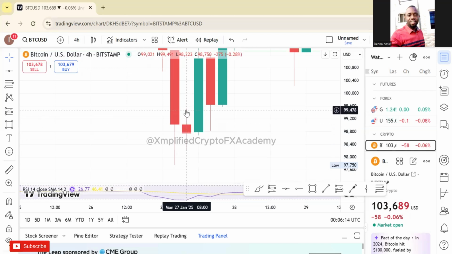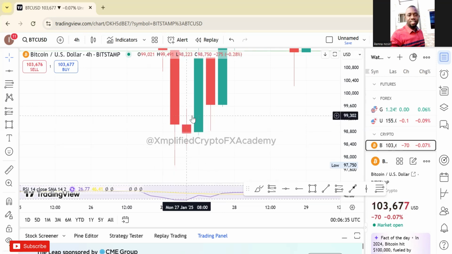Because this is just like a fight between the buyers and the sellers. When the buyers bought up to this point, the sellers started selling it, but eventually it closed there at the bottom here. They didn't close much.